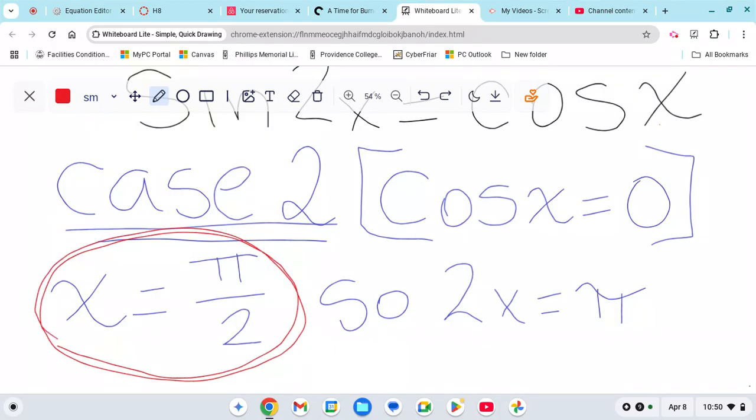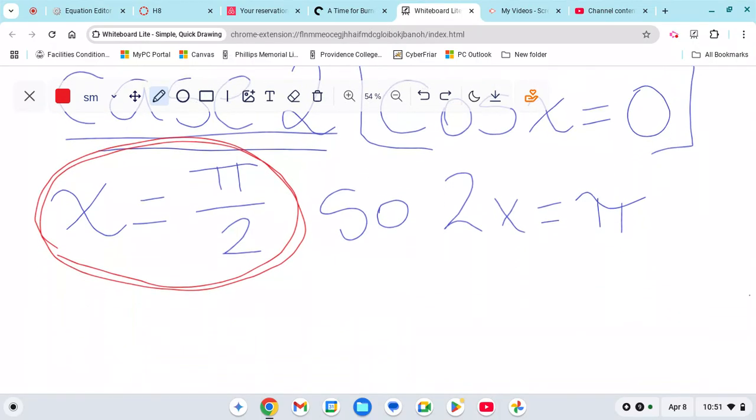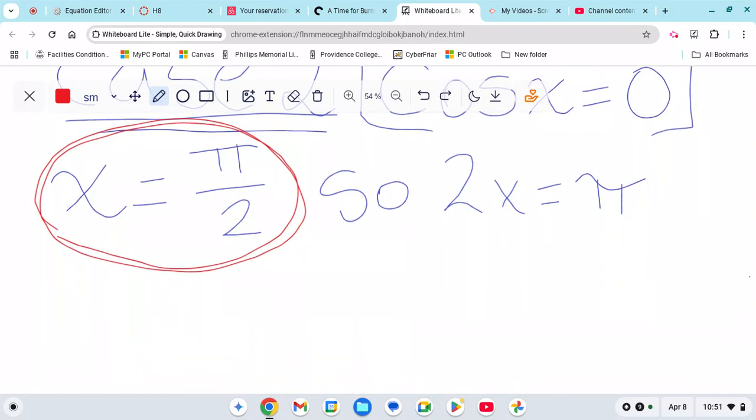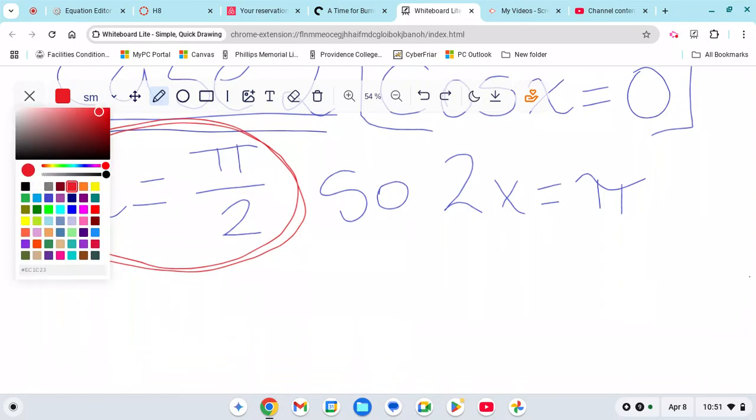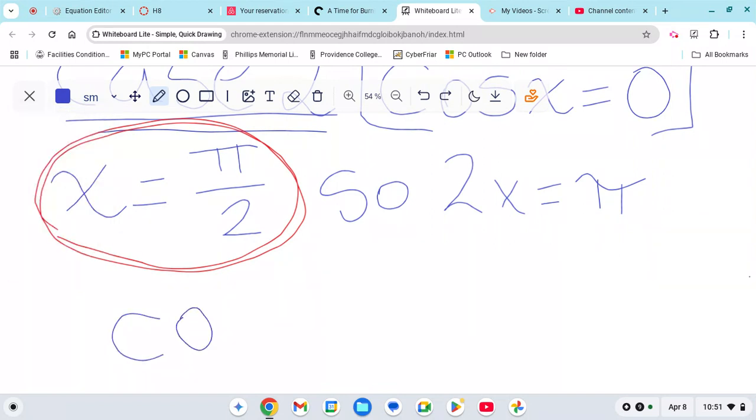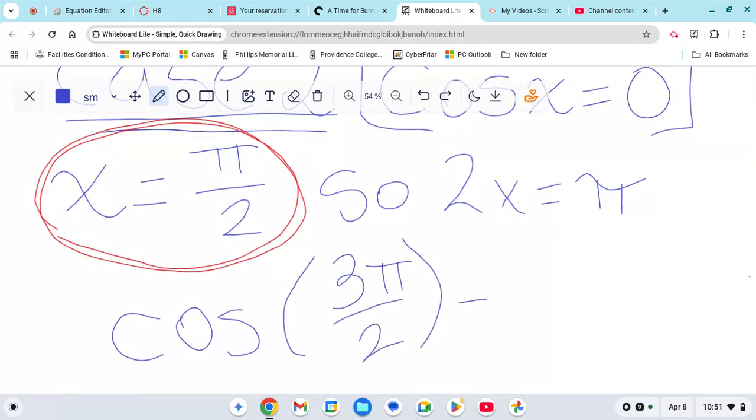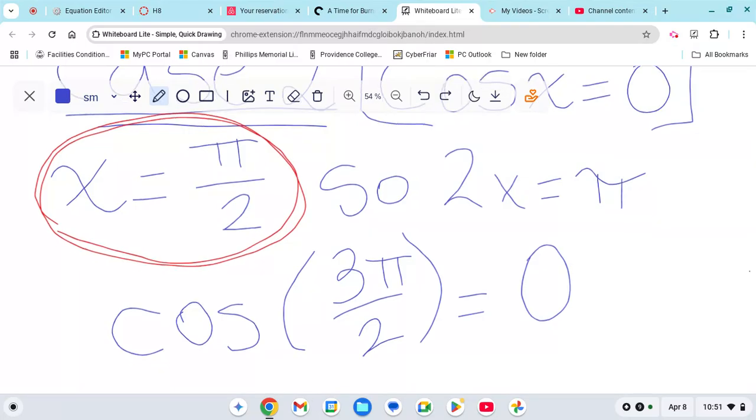Let's keep thinking. I know we looked at the unit circle, and we also found out that the cosine of 3 pi over 2 is equal to 0. This is part of our interval. Our interval goes between 0 and 2 pi, so 3 pi over 2 is on our interval.